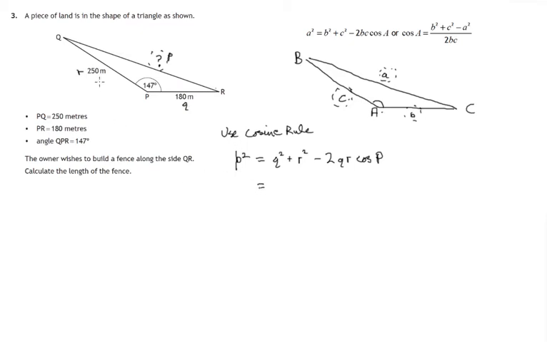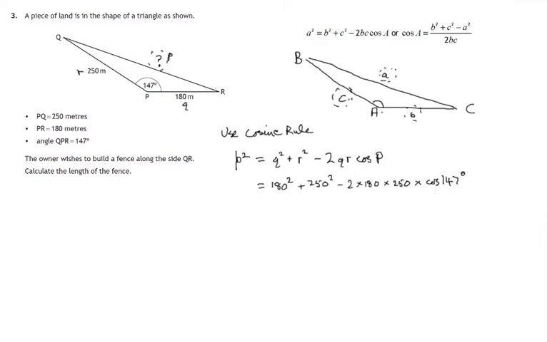We know all these. We know q squared, 180 squared. We know r is 250, so that'll be 250 squared, minus 2 times q was 180, r was 250, and angle P is 147 degrees.